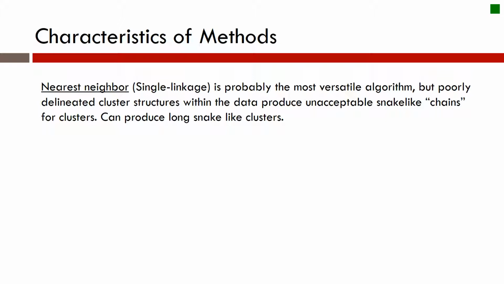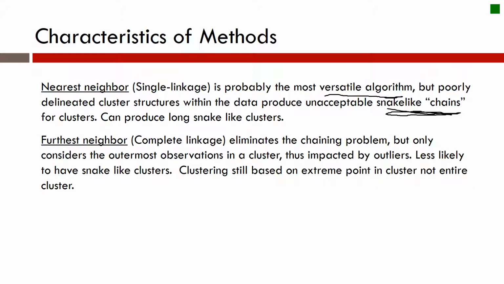The nearest neighbor, or single linkage, is probably the most versatile method, but it poorly delineates cluster structures within the data, and sometimes they're hard to interpret. Snake-like chains in the dendrogram can be problematic. The furthest neighbor eliminates this chaining problem.